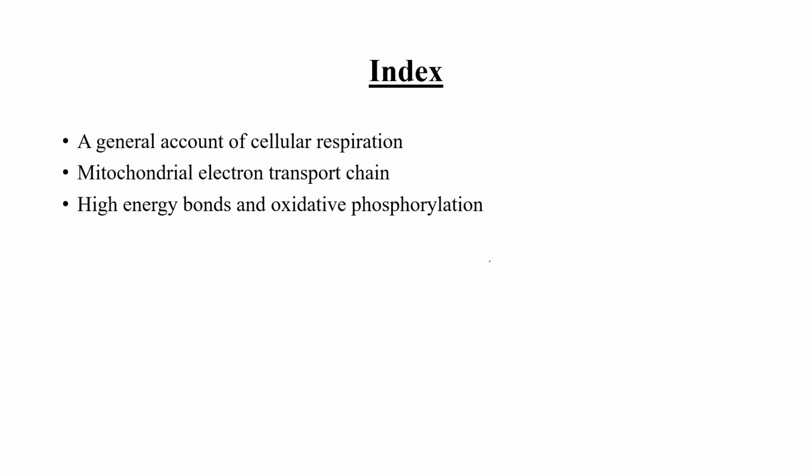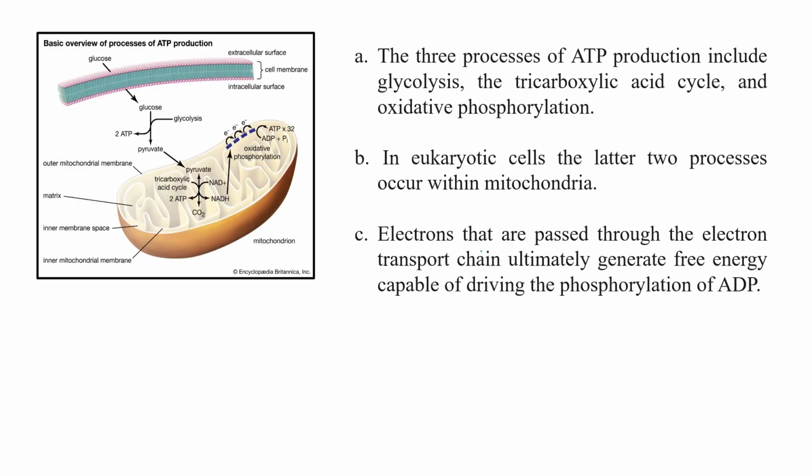In this particular video lecture, we are going to discuss cellular respiration, mitochondrial electron transport chain, high energy bond and oxidative phosphorylation. In the last lecture, we discussed glycolysis, right?